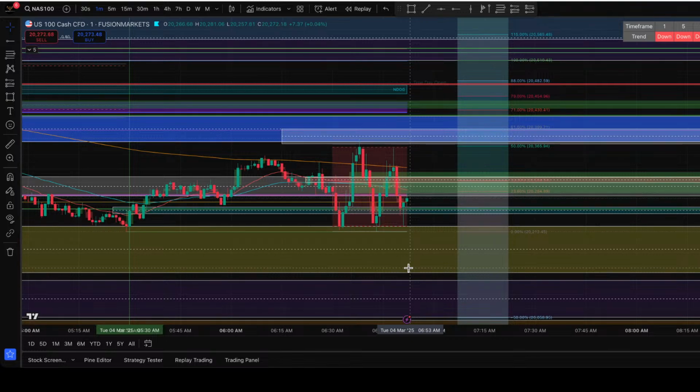Just a whole bunch of back and forth still. Let's see if it's going to create another equal relative low and head back up, or if we're going to finally sweep that low.